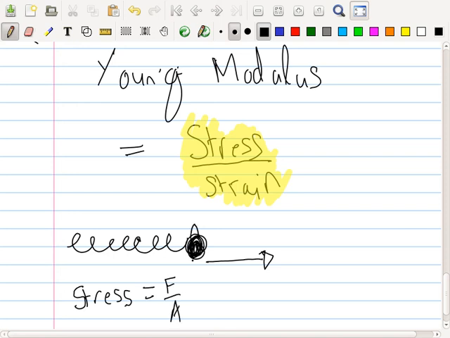Let's say this is the area here, like some kind of spring cable. And we also have strain, and that's the extension. Let's say it starts here, and the natural length is L, and then I move it a little piece. I'll call it delta X.